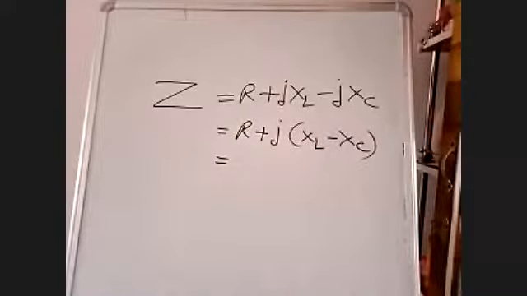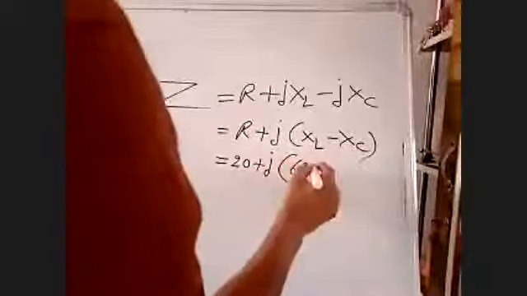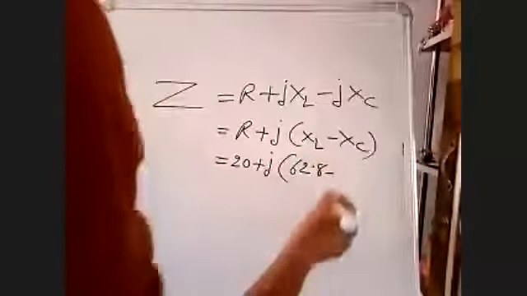Now what is the R value? 20. What is XL? 62.8. What is XC? 21.2.